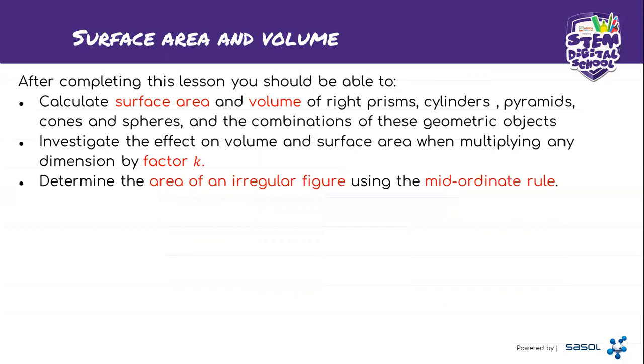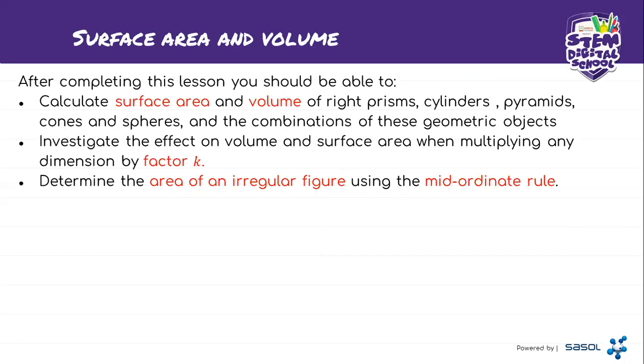For this topic, after we have completed everything, you must be able to calculate the surface area and the volume of a right prism, cylinder, pyramid, cones, and sphere, and combinations of these geometric objects. By combination, I'm referring to, for instance, a cylinder that is combined with maybe a sphere or a cone.